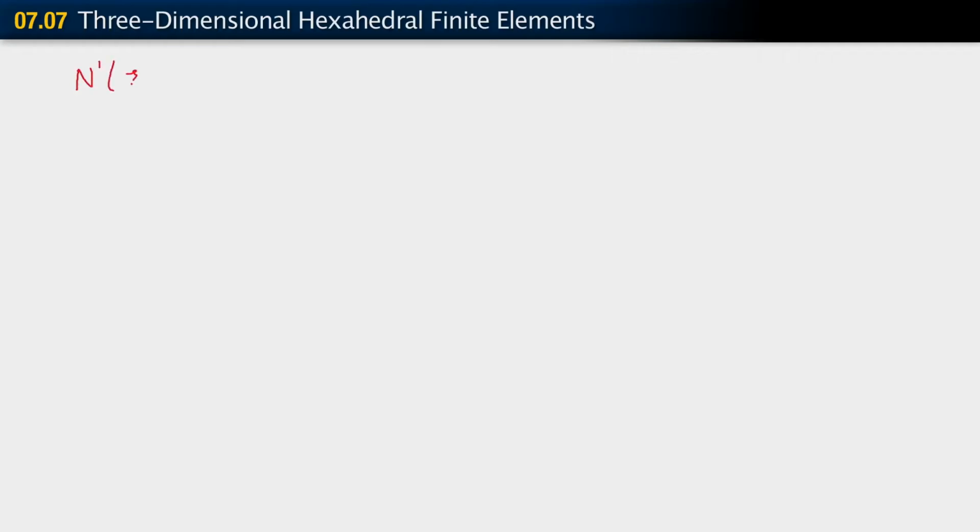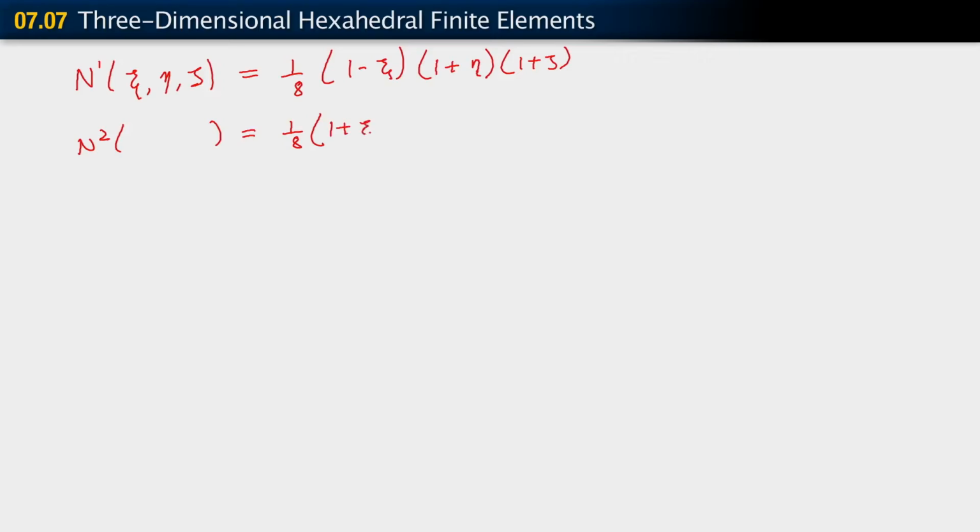N1, function of c eta zeta, is 1/8 times 1 minus c times 1 plus eta times 1 plus zeta. N2, function of c eta zeta, is 1/8 times 1 plus c times 1 minus eta times 1 minus zeta.